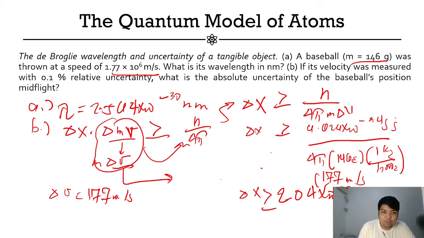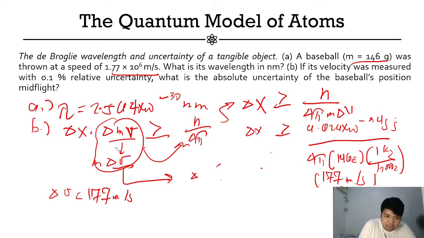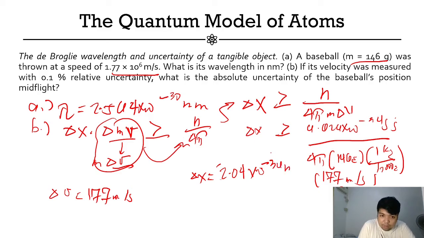Oops, it was covered by my face, sorry. So the change in x is equal to 2.04 times 10 to the negative 36 meters. I hope you can see. Yep, it's visible. Good.